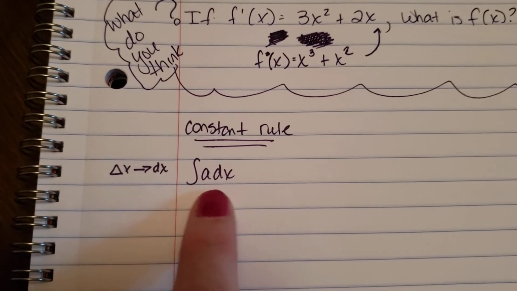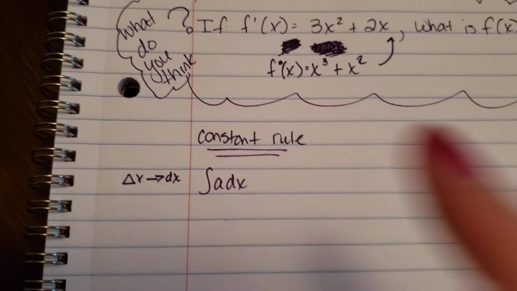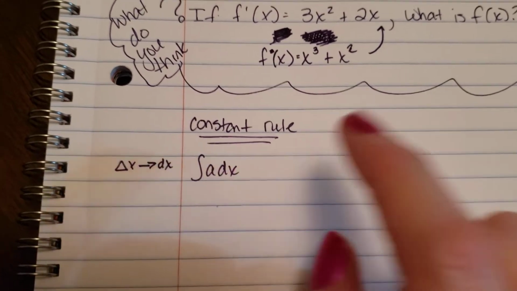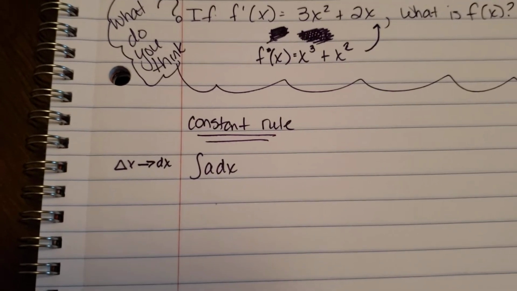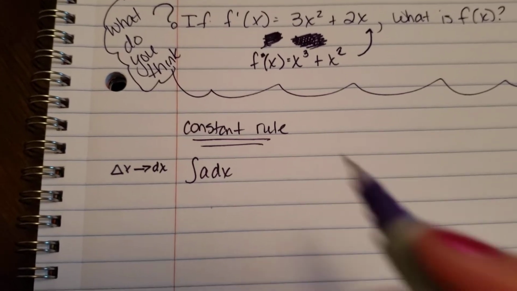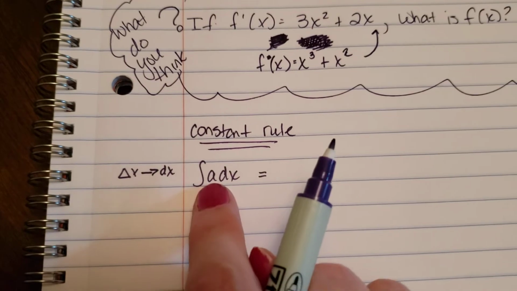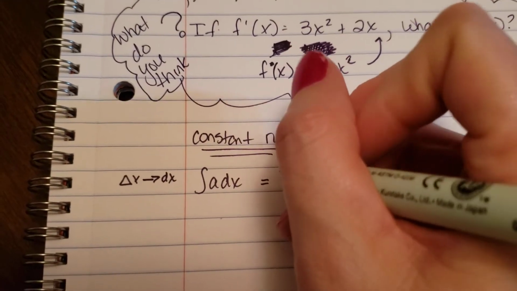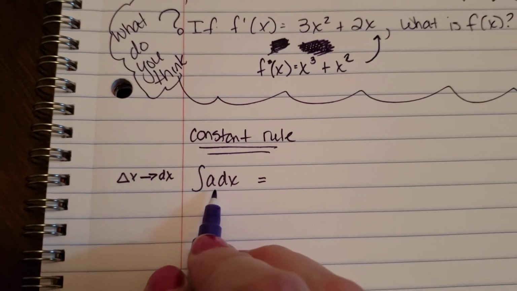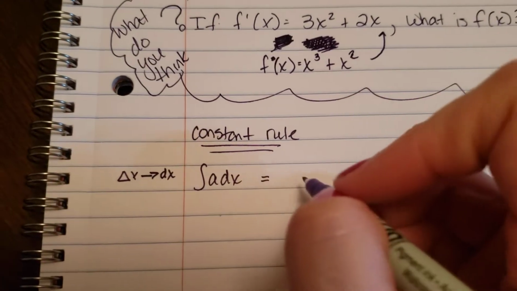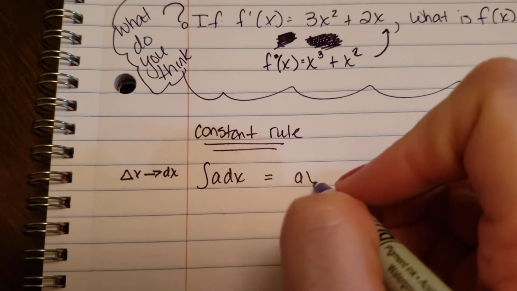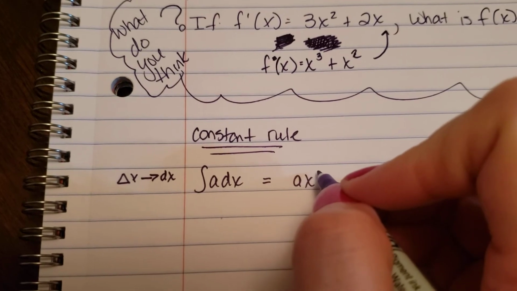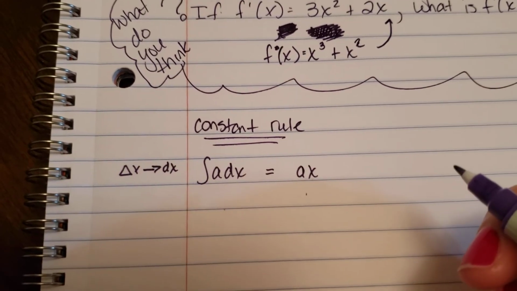So for a constant, the integral of a constant dx, this is really an extension of how you would deal with any kind of exponent. Right now, this has no x on it whatsoever, so its x would have a zero exponent. So we would put an x on it. That x would have an invisible 1 as an exponent, and then we would divide by an invisible 1.